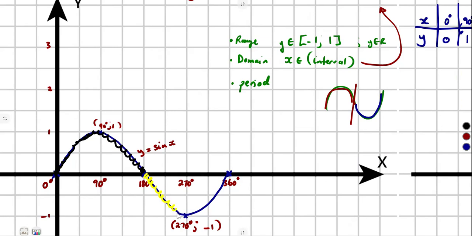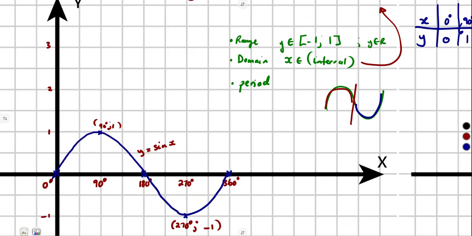From 180 to what? To 360. That's another half. Only that it's below the x-axis. This one is above the x-axis. So we say this half, it took how many degrees for us to have it? 180. What about this half? From 180 to 360 is what? 180. So at the end, if we take this 180 and this 180, it is going to give us what? 360 degrees.